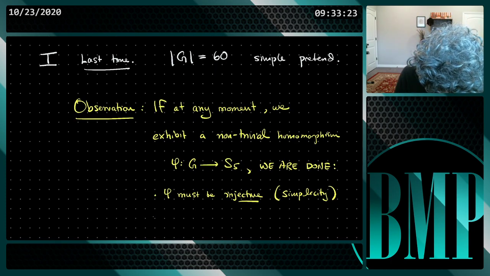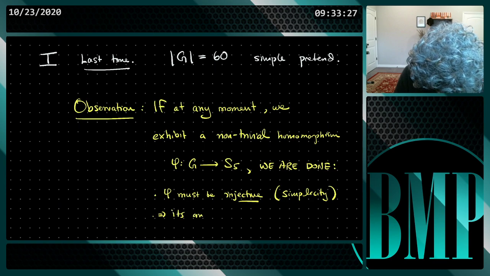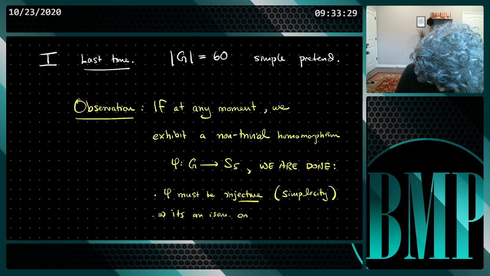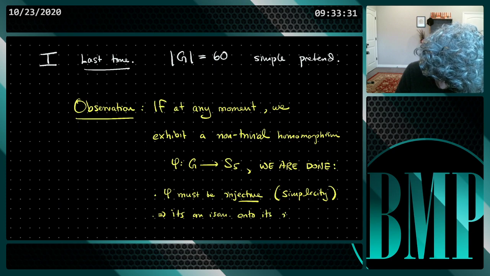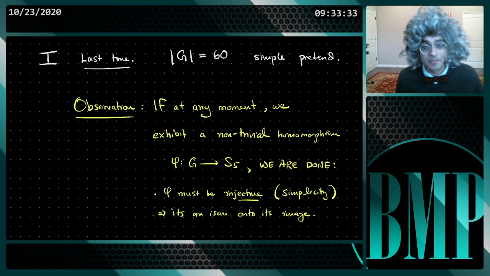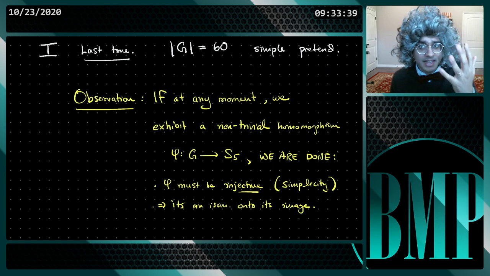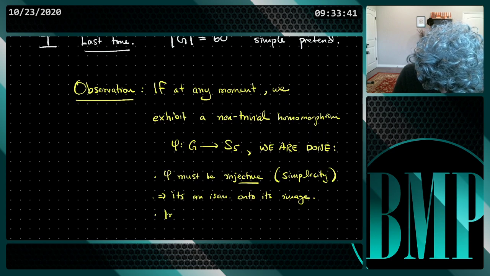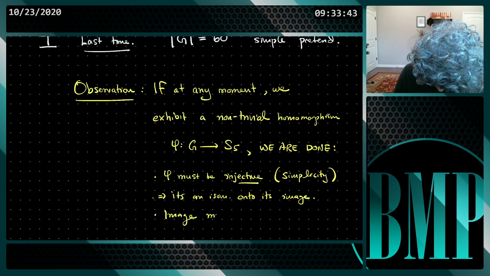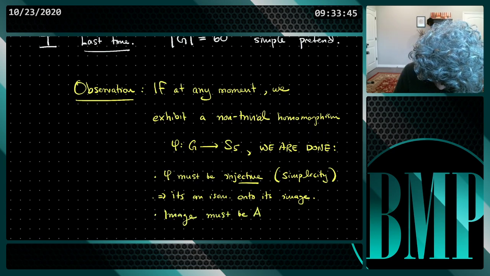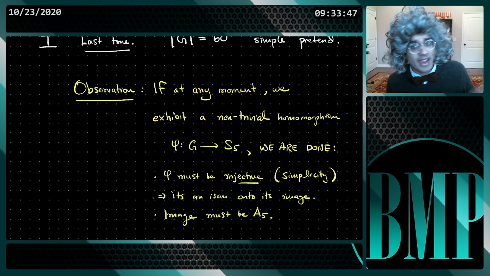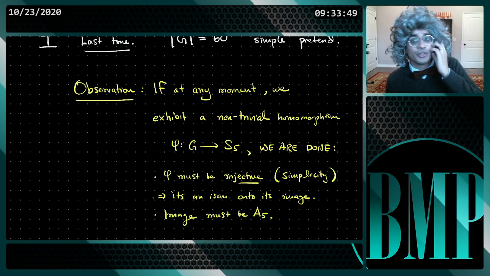So it's an isomorphism onto its image. But its image is a group of index 2, size 60 in S5. So A5 is the only group of index 2 in S5.